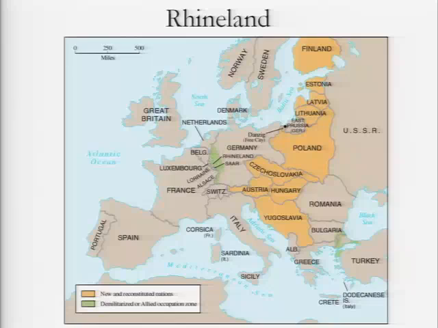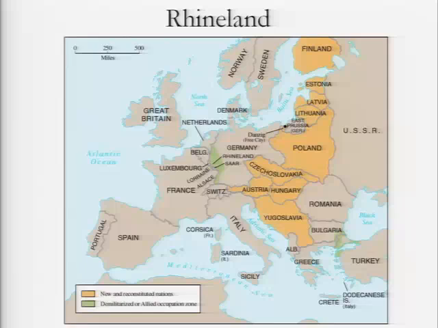And why? Because Clemenceau said he wants to create a buffer zone here. This is the staging ground for the invasion of Belgium into France at the beginning of the war. So if no German troops are there, then in the future, if Germany begins to amass an army there, France can respond to that more quickly.